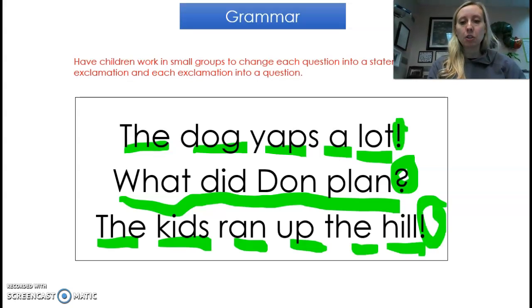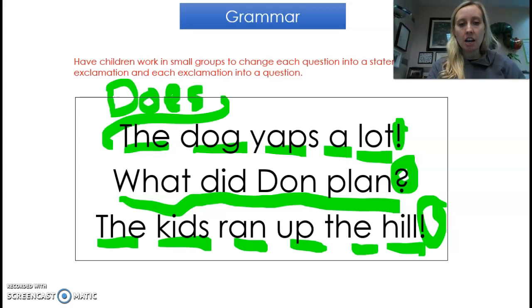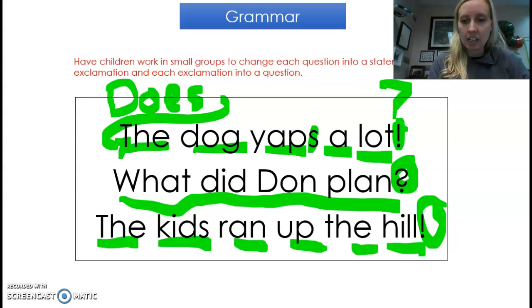The exclamation we're going to turn into a question. So the dog yaps a lot. We'd say, does the dog yap a lot? We don't know. And then we could say here, Dawn did make a plan.